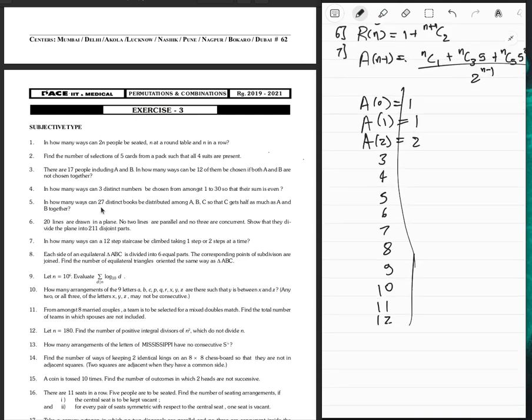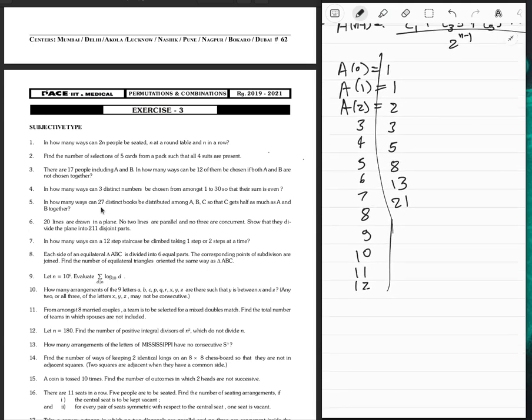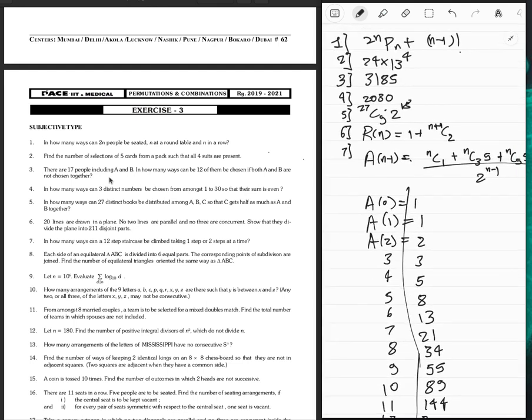So then, 1 plus 2 is 3, this is 5, this is 8, this is 13, you get 21, 34, 55, 89, and so on, carrying over, and finally 233, that's our answer.